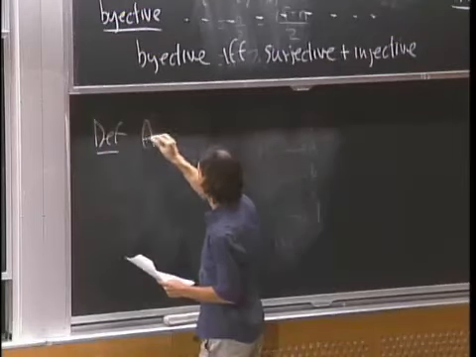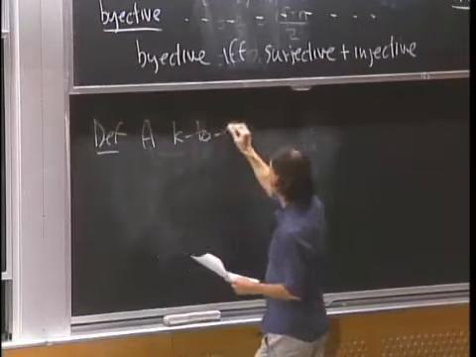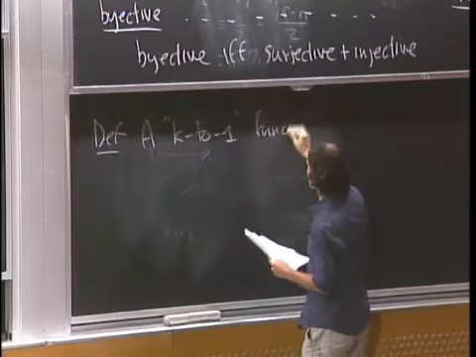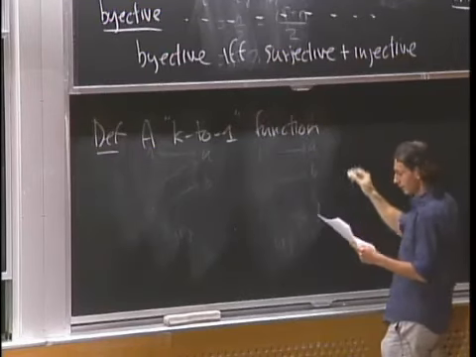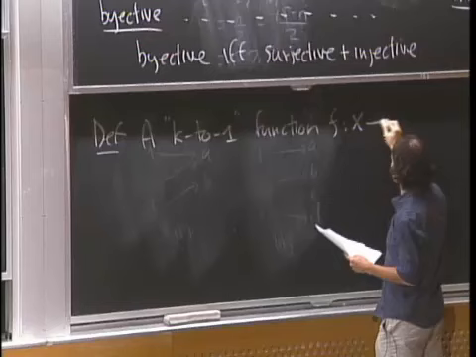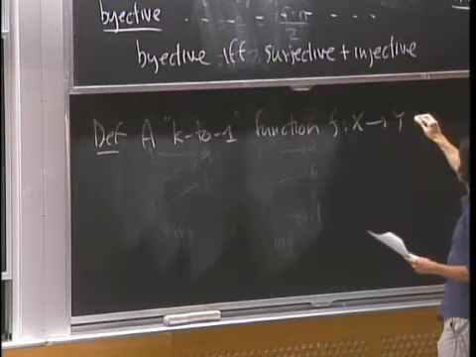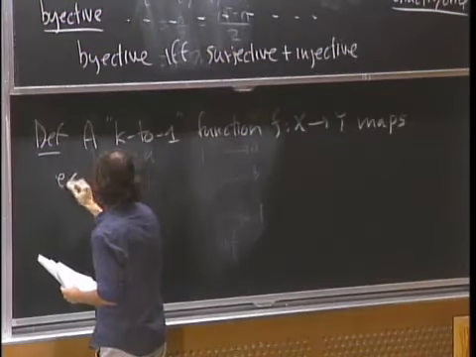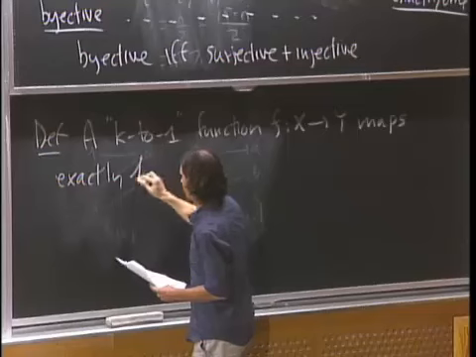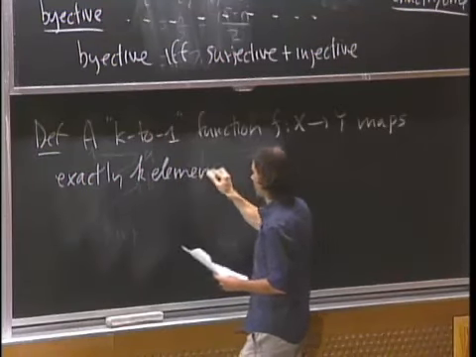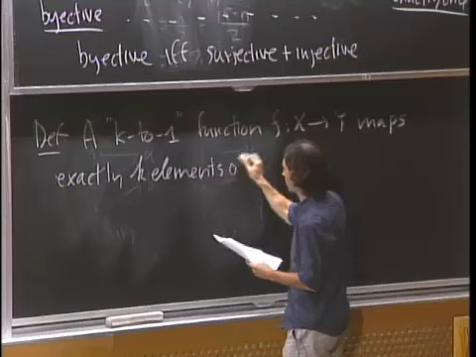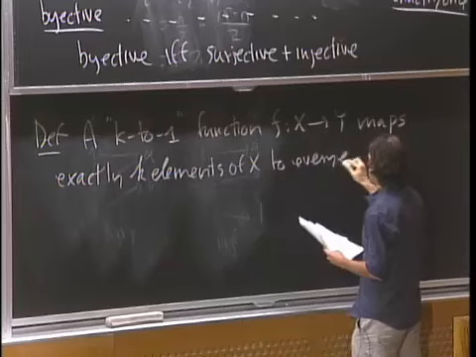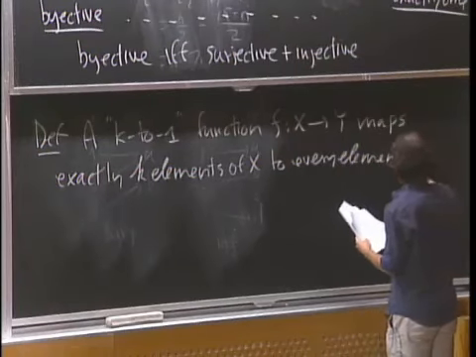We say that a k to 1 mapping, k to 1 function, f from x to y, actually maps exactly k elements of x to every element of y.